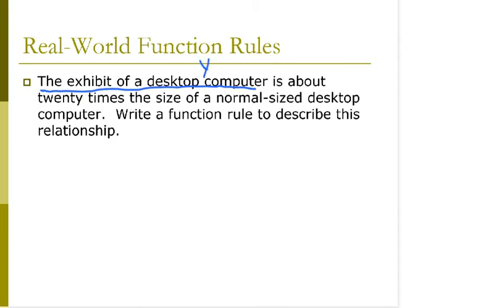And then it says 20 times the size of a normal desktop computer. We don't know how much a normal desktop computer is, but we know we'll have to multiply it by 20. So what we end up with is y equals 20x as our function rule, where x represents the normal size desktop and y represents the exhibit of a desktop.